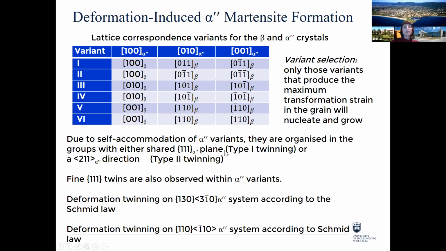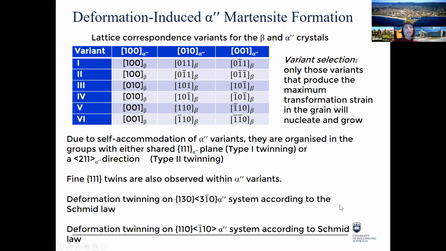Because it's a continuous process during deformation, we have formation of alpha double prime, but earlier formed plates of martensite start to deform. We could also observe twinning within these originally formed alpha double prime martensite plates, and deformation twinning also could be of two types, 130-310 and 110-110 type.